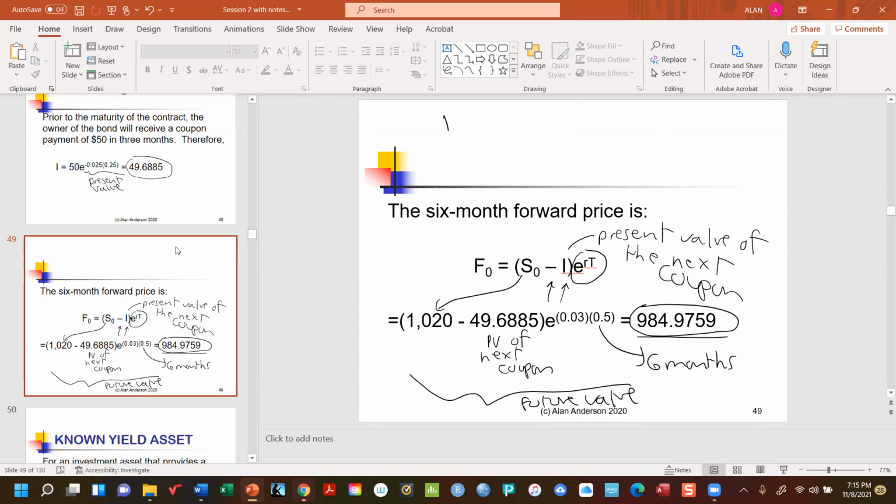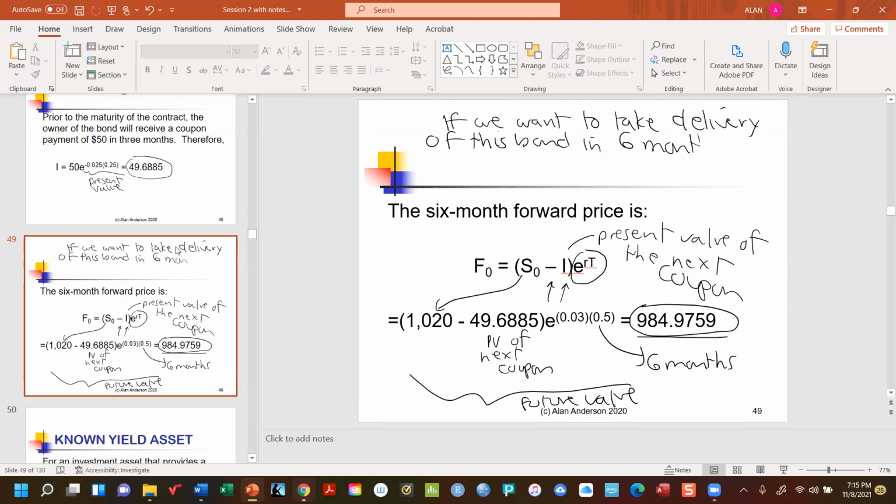In other words, if we want to take delivery of this bond in 6 months, we will pay $984.9759 at that time.